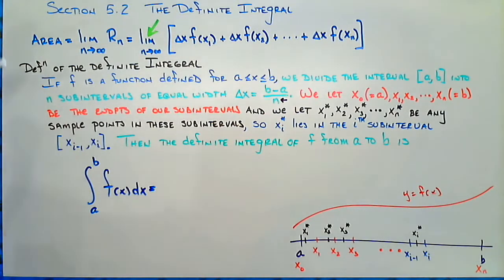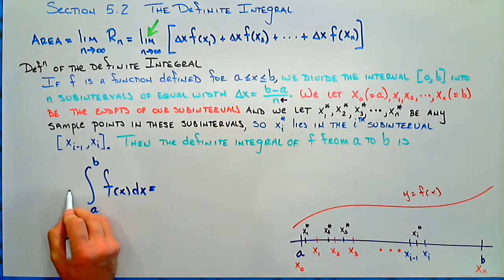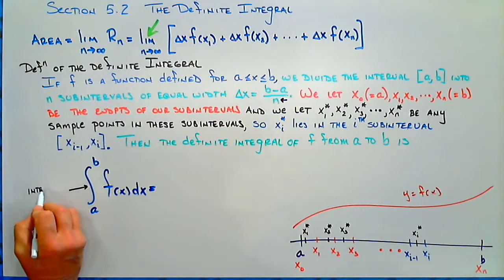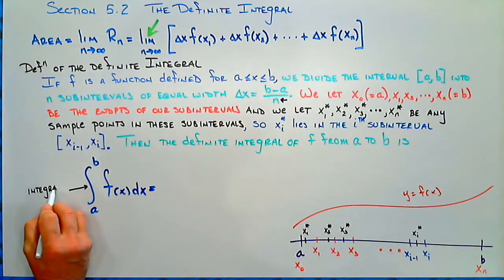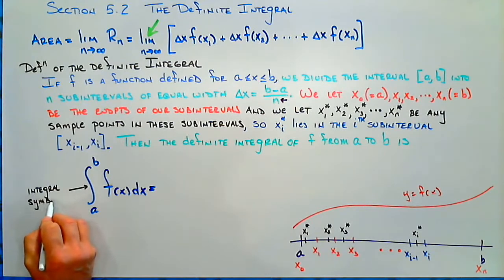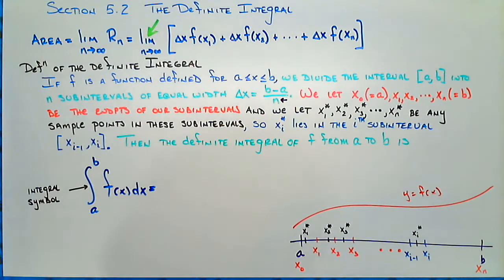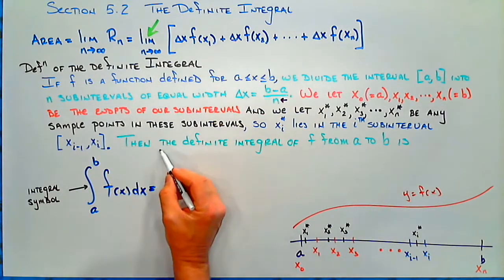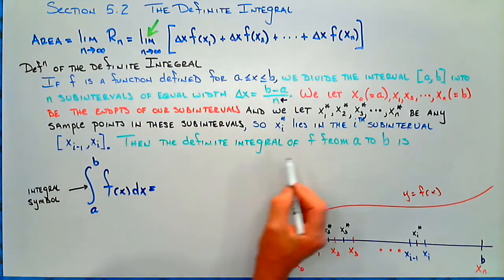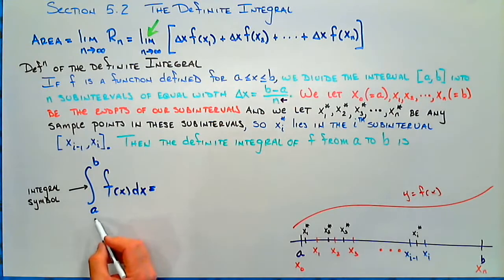Let's pick a different color. We call this the integral symbol. All right? And we read this, if we were going to say the words, we say the definite integral of f from a to b.